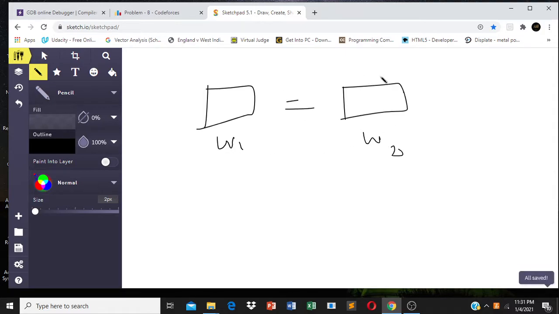When do two values become equal? When both of them are even, let's say 6 plus 2 is 8, or both of them are odd, like 7.